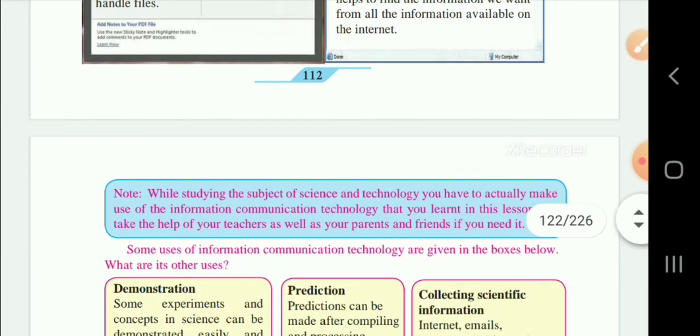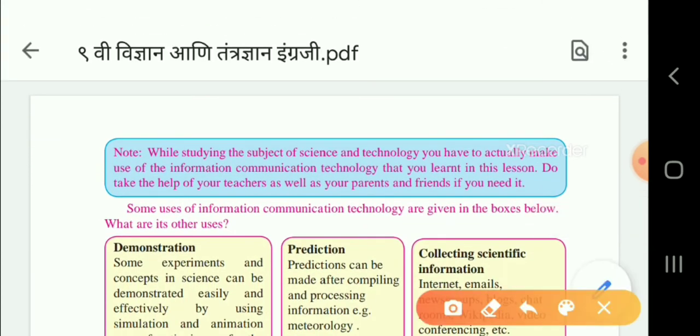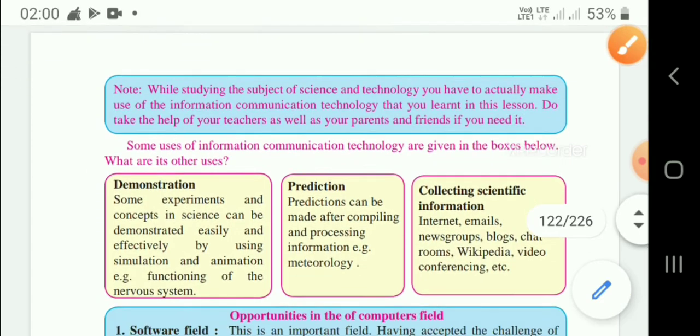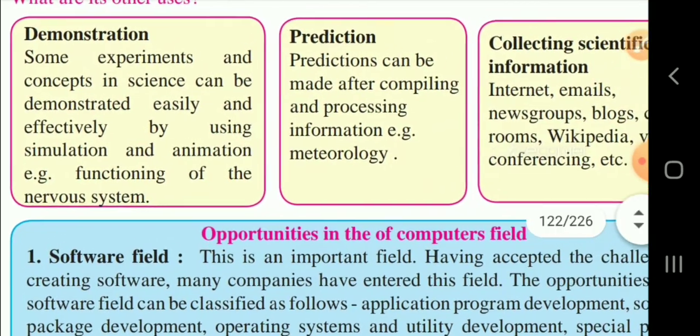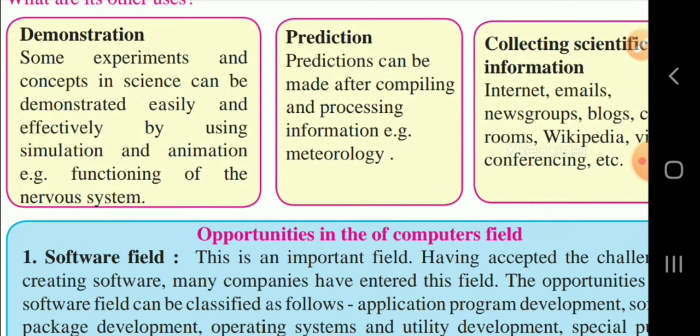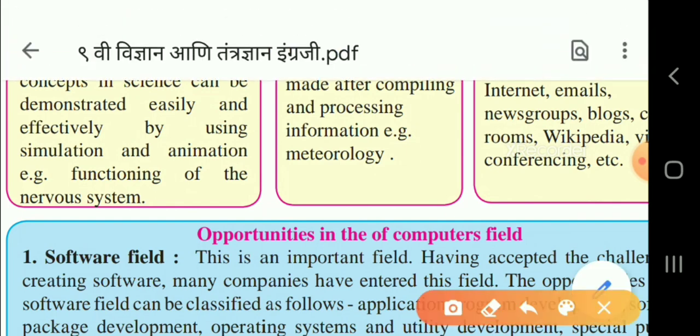In uses, mostly you can see this point given, children, that while studying the subject of science and technology, you have to actually make use of information and communication technology. Now what is the first use, children? First is the demonstration.